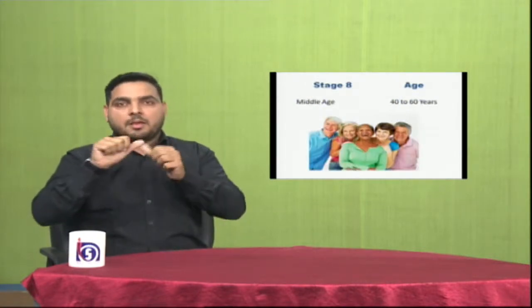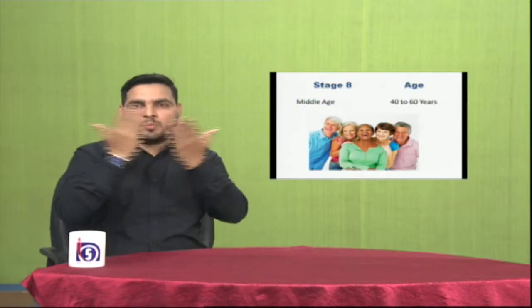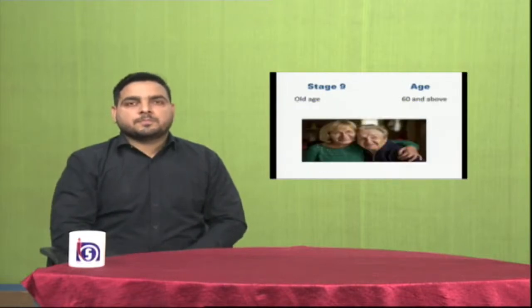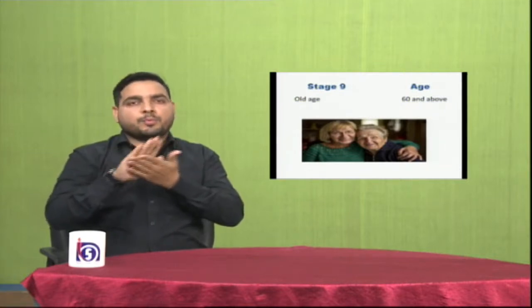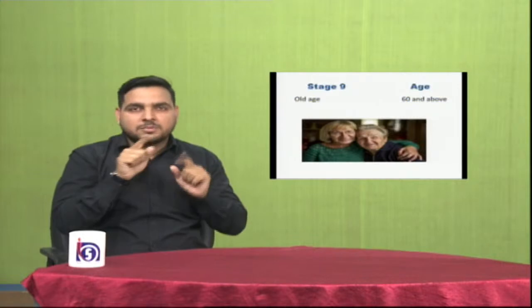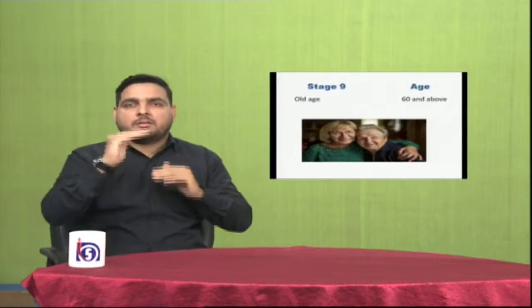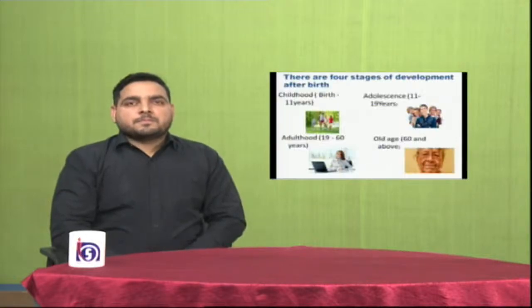Stage 8 is middle age, that is 40 to 60 years old, where they give birth to children. Stage 9 is old age, that is 60 and above, where they retire and rest at home, they get old like our Dadaji and Dadijis.